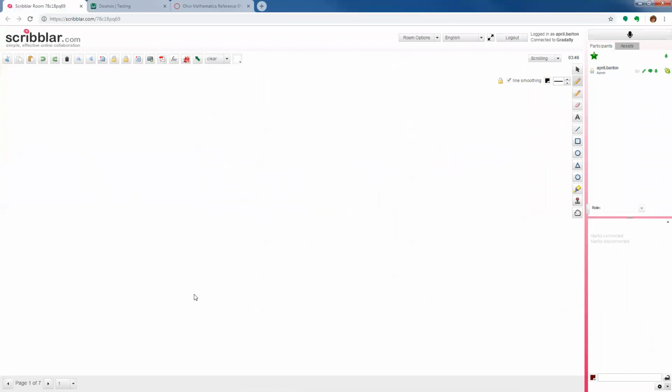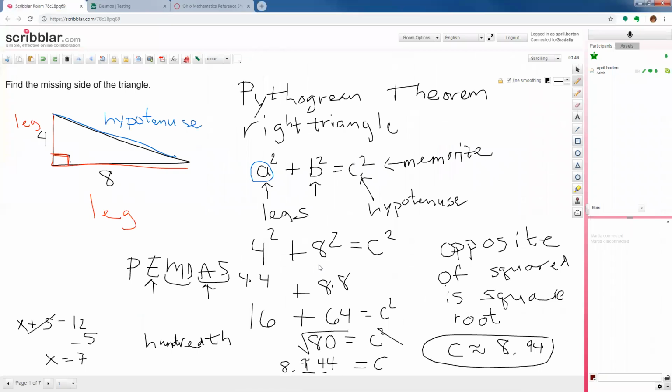So let me go back to the problem we did. Good question. Where do we do the square root? On this problem, we went through and squared each number first. We got it bigger because the 2 tells you to multiply it by itself. Then we got it down to just one number. That became only 80. And you didn't square root until you only had one number left.